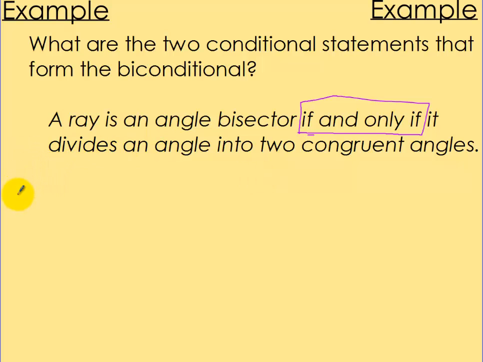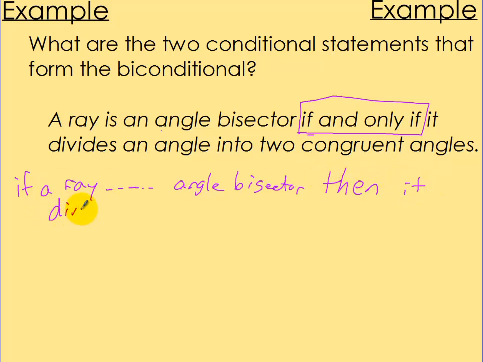The first conditional is: if a ray is an angle bisector, then it divides an angle into two congruent angles. So that's the first conditional.